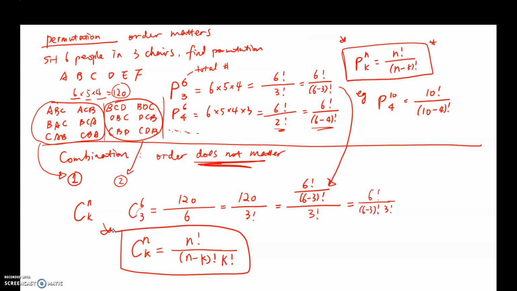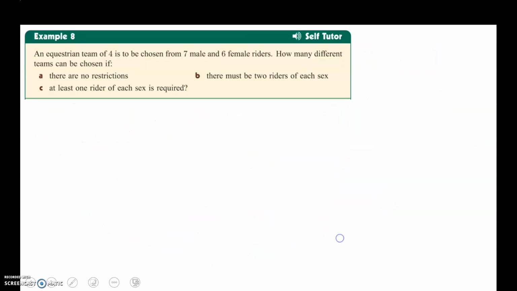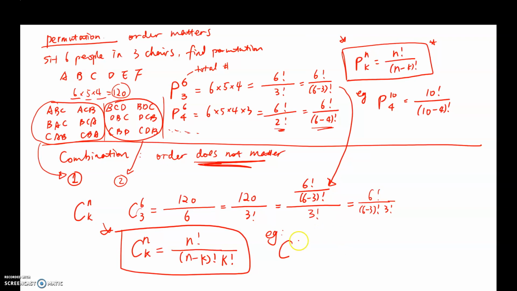So for example, let's just make up a question. C 10 2 is going to be 10 factorial over 2 factorial, which is K factorial, and then (10 take 2) factorial.